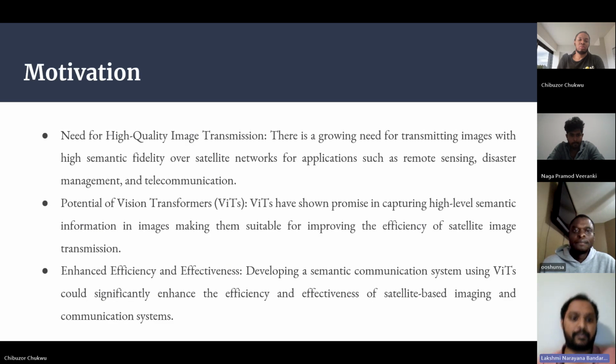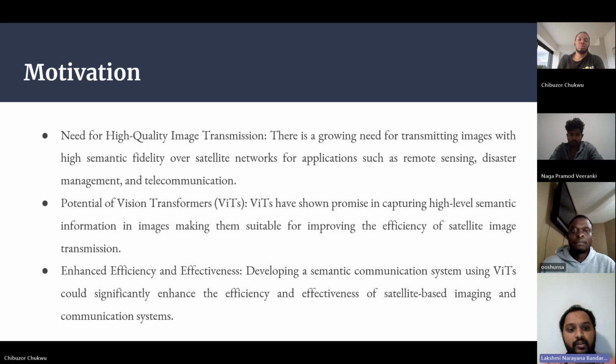And the next one is motivation. The need for high-quality image transmission: there is a growing need for transmitting images with high quality and high semantic fidelity over satellite networks for applications such as remote sensing, disaster management, and telecommunication.